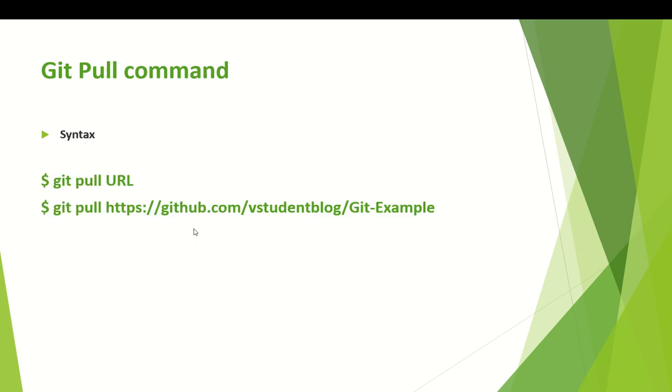So next is git pull. The git pull command is used to receive data from GitHub. When a developer wants to pull the code from a remote repository, he will be using this command. It fetches and merges changes on the remote server to the working directory.